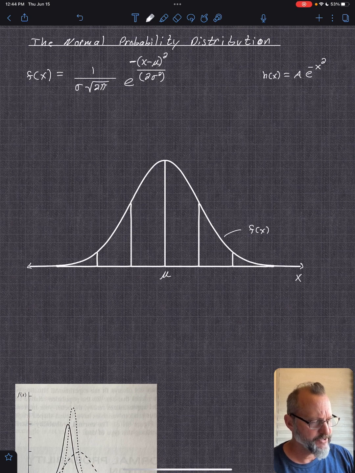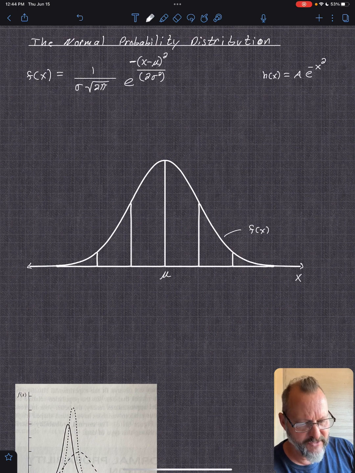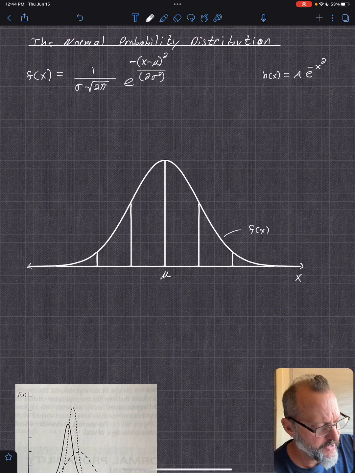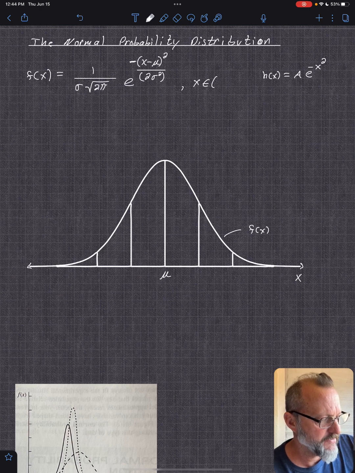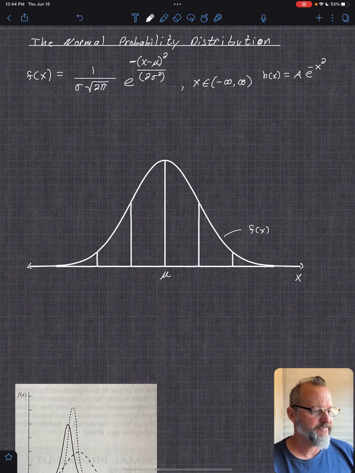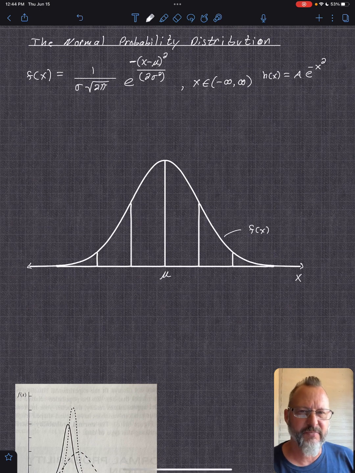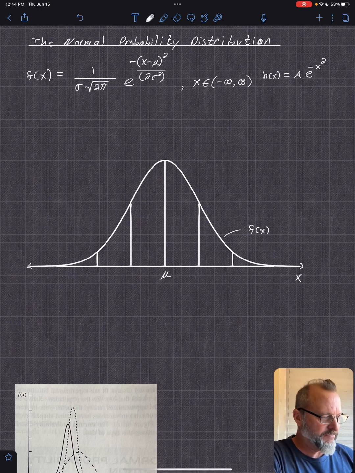So we're interested in the area under that curve. This function is the probability function. The domain of x is negative infinity to infinity, although obviously you never approach infinity, right?